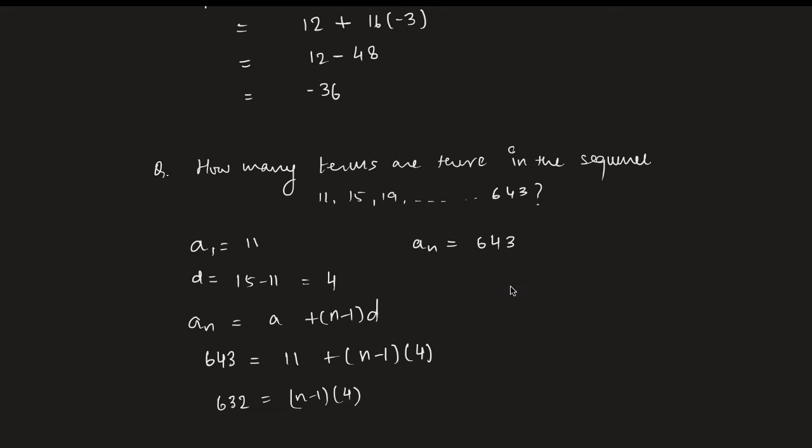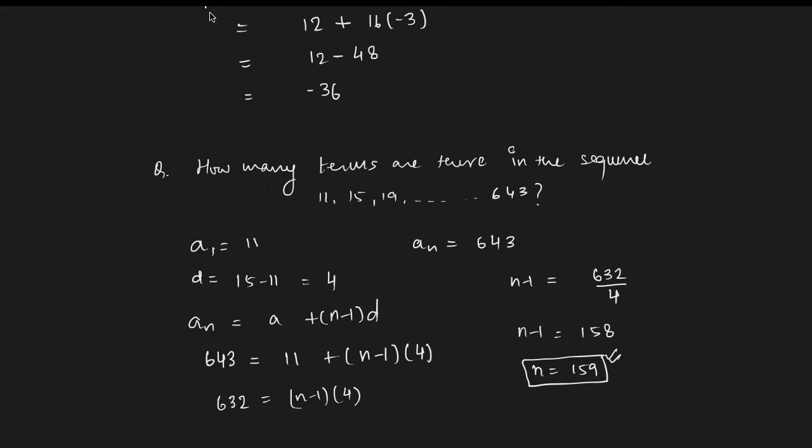So n minus 1 is equal to 632 divided by 4, which gives us 158. So n minus 1 equals 158, so n equals 159. This implies that the number of terms in this given sequence is 159.